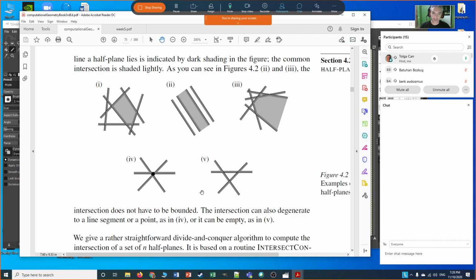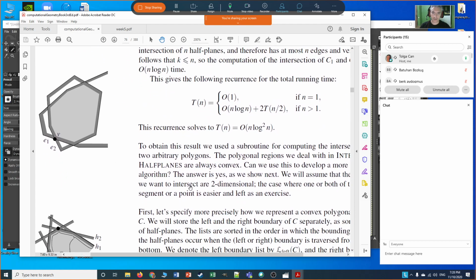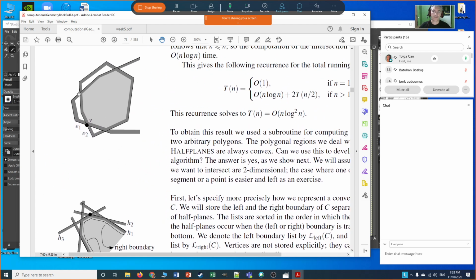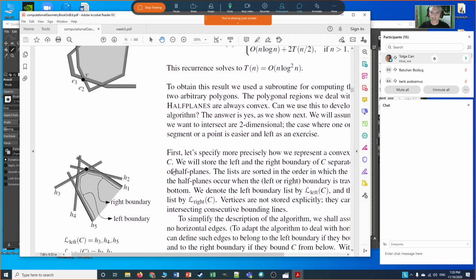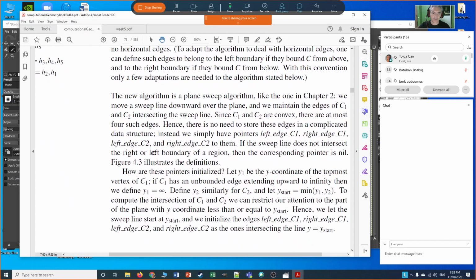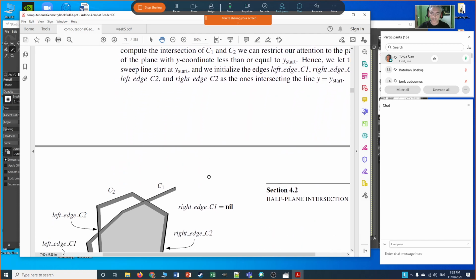time algorithm. And this part here, the algorithm to find the convex intersection of two convex regions, is described here. Okay, but I'm going to skip that one. It's just a number of cases that are considered. You're not responsible for intersection of two convex regions.